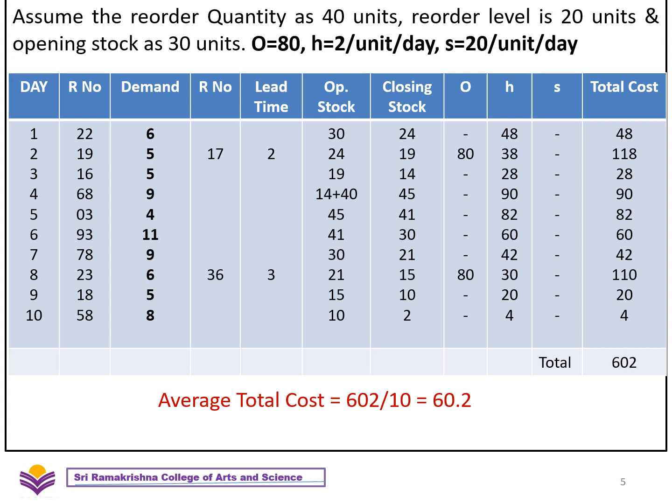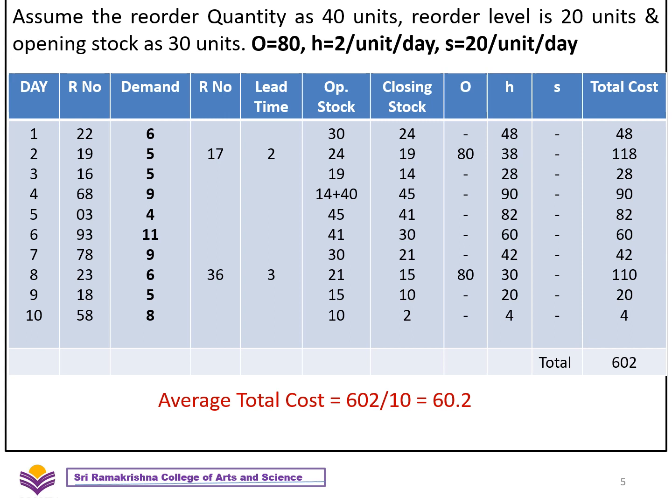We move on to the fourth day. We start with an opening stock of 14, but we get the order which was placed 2 days back. So the total stock on that day becomes 14 plus 40, and out of which we take the demand of that day, 9, and so the closing stock becomes 45.